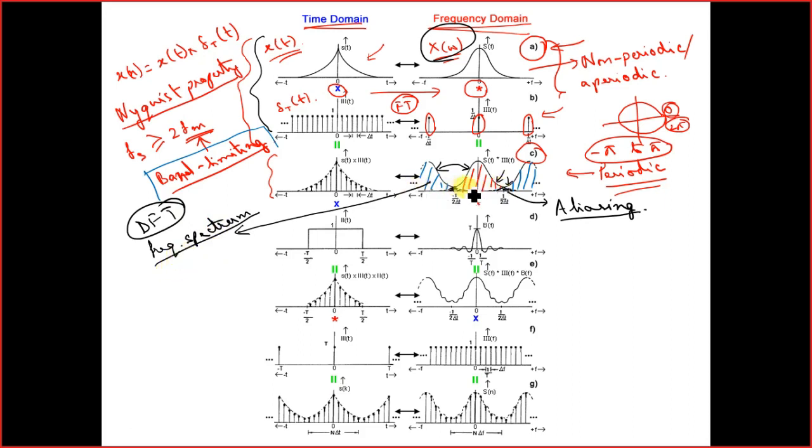Now, if we have to sample this frequency spectrum, what do we have to do? By the previous stage analogy, suppose this is stage 1 where we sampled in the time domain and band limited the signal in the frequency domain.